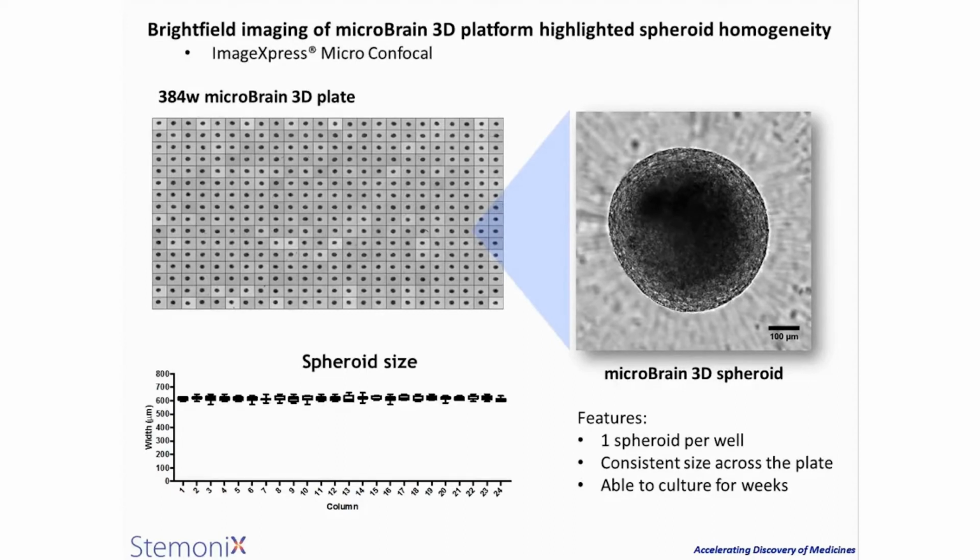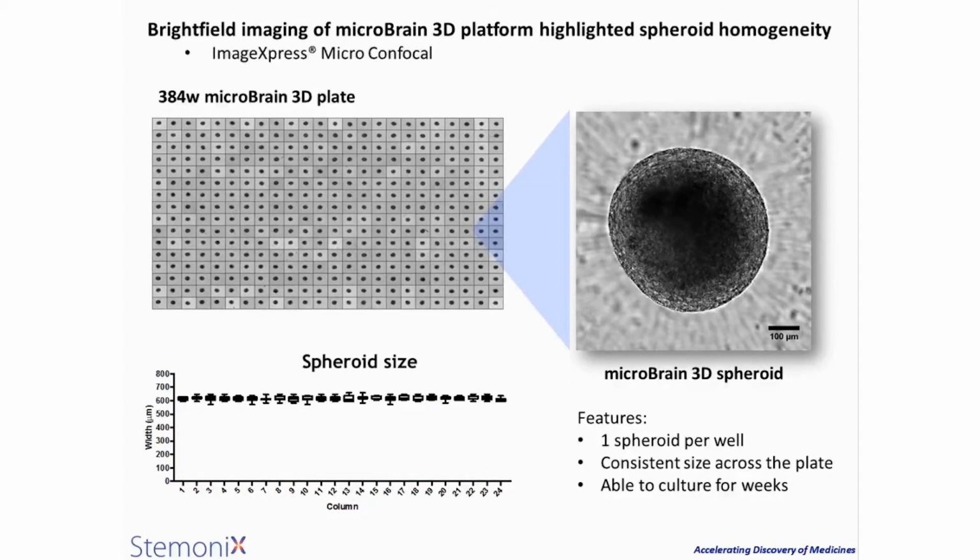One of the first things that we decided when we started to derive a highly homogeneous platform was to derive platforms that are highly homogeneous in size. When we talk about 3D, there is a lot of variability in the system, and one of the hardest to control is the size of the spheroids. So we tackle this problem by offering 384 well plates with 1 spheroid per well, and each spheroid is highly homogeneous in size between them.